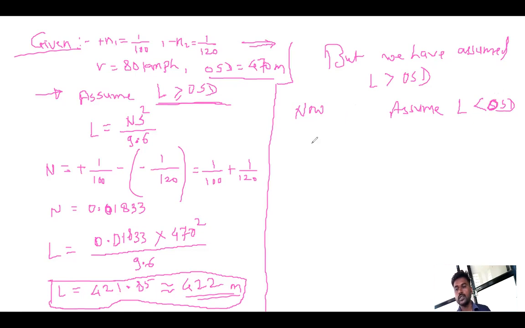Length of curve is less than OSD, and when the length of curve is less than OSD, what is the formula?